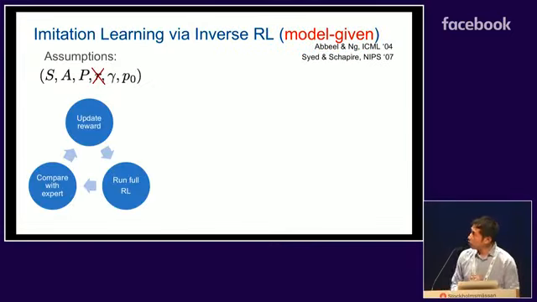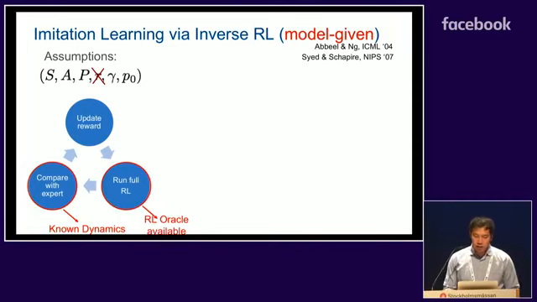So in both cases, though, we are operating under some friendly assumptions. We are restricting ourselves, first of all, to fully knowing the dynamics model P up front. When the model is supposed to be given, I will just generically refer to it as model given. The reason is I want to avoid the term model-based because that means something else in reinforcement learning. We also assume access to some oracle that, given any reward function, can solve the MDP efficiently.